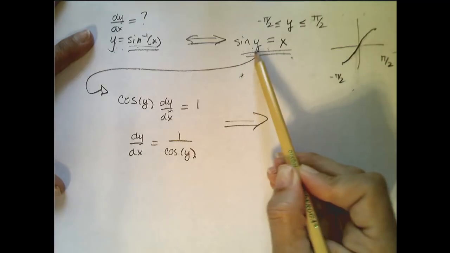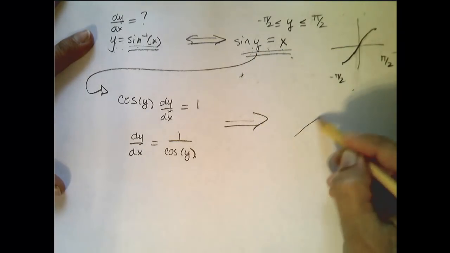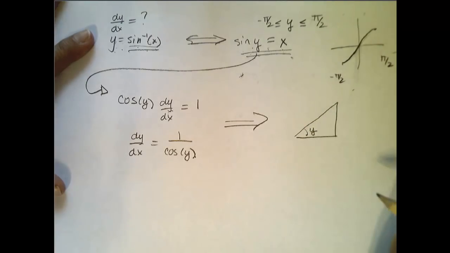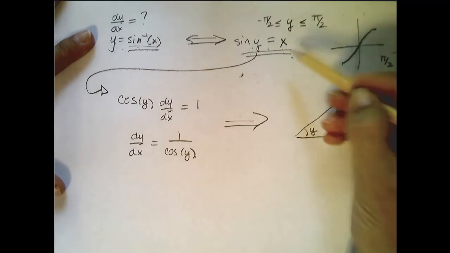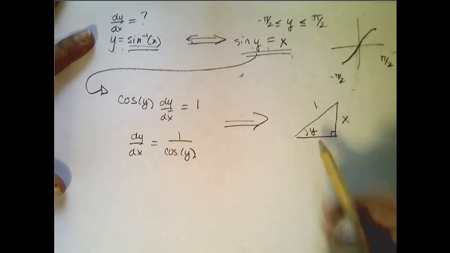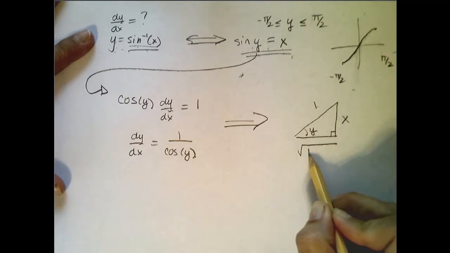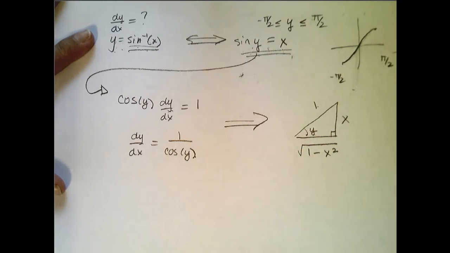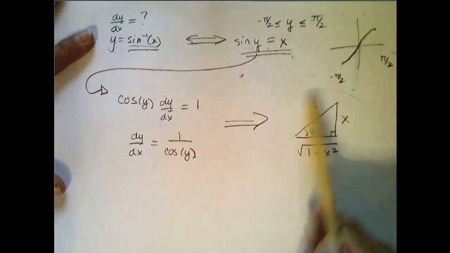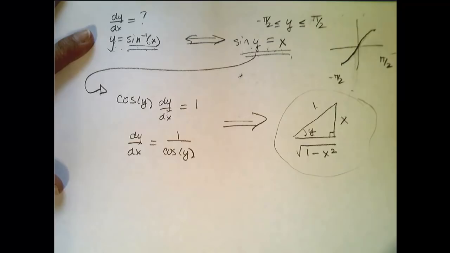So if the sine of y equals x, then I can draw a right triangle where y is my angle. And since sine of y is opposite over hypotenuse, x over 1. And now I can just use the Pythagorean Theorem to find this missing piece, which is the square root of 1 minus x squared. Okay, so if sine of y equals x, then this is the triangle I get.